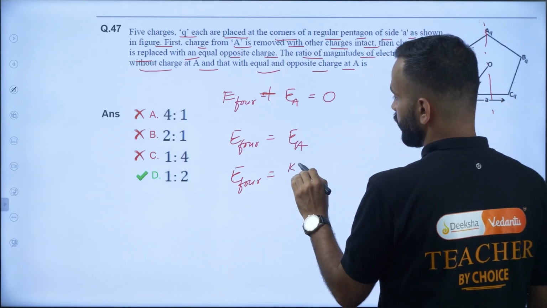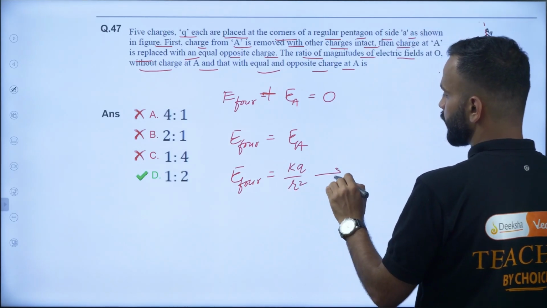So kq divided by r square. So this is the first equation.